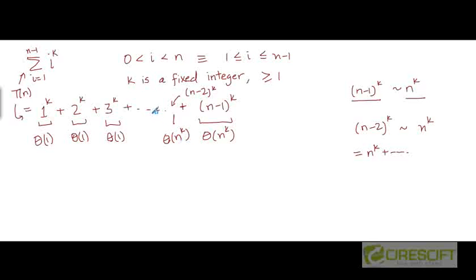If there are only a constant number of terms with a complexity of n to the power k, then we can say that the overall complexity of this series will be governed by those dominant terms. And because there are only a constant number of such dominant terms, the value, or what they will evaluate to when we simplify this expression, will be some constant times n to the power k.